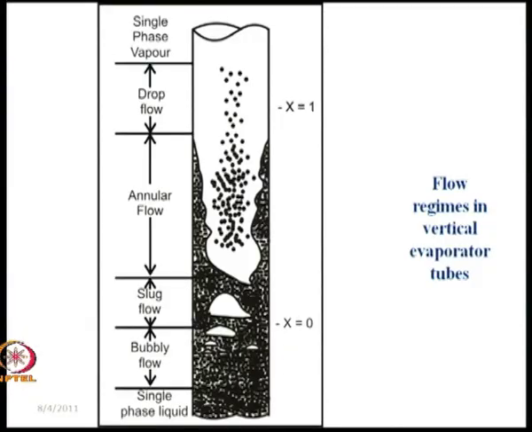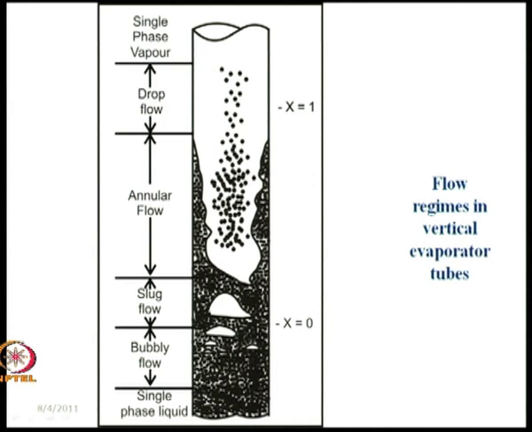So, therefore, due to the coupled effect of entrainment and vaporization, the liquid film starts to get depleted. Okay? And then finally, a situation arises when there is no liquid film and there are only liquid droplets in the vapor phase. This gives rise to the droplet flow pattern. After the droplet flow pattern, of course, when the entire liquid has vaporized, we come to the single phase vapor region as shown here.